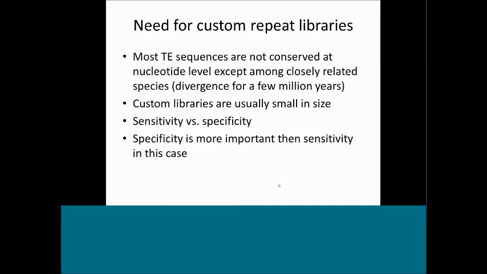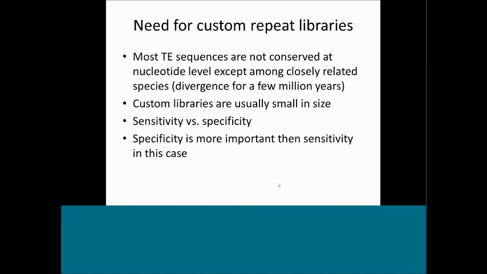So they are not conserved except in closely related species. In addition, if you download a repeat library from Repbase, that library is very, very large, usually like 20 megabases or even larger, and if you use that to mask the genome, it will take a long time. A custom repeat library is usually much smaller in size.